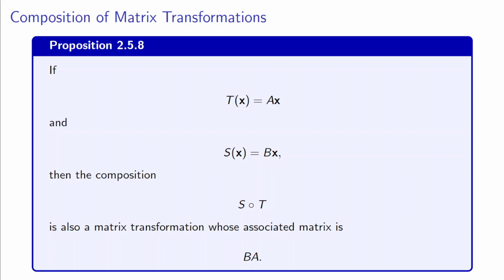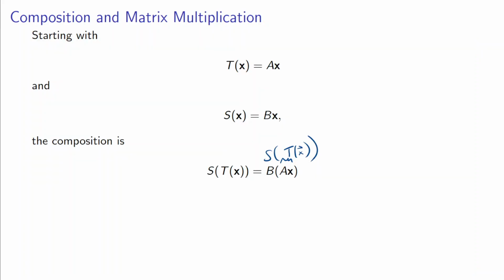If T of X equals AX and S of X equals BX, then the composition S composed with T is the matrix transformation associated with the matrix B times A. So B times AX is equivalent to B times A times X. We can reassociate the parentheses for this matrix and matrix-vector multiplication.